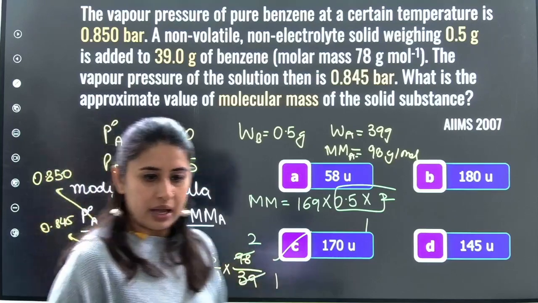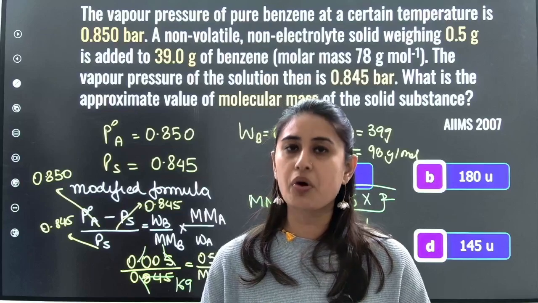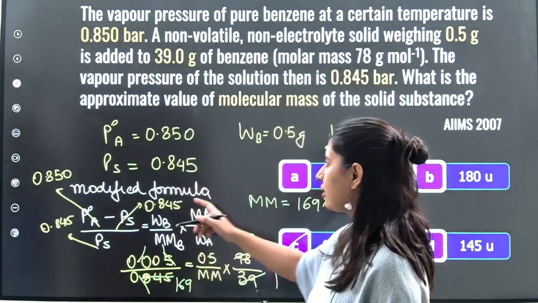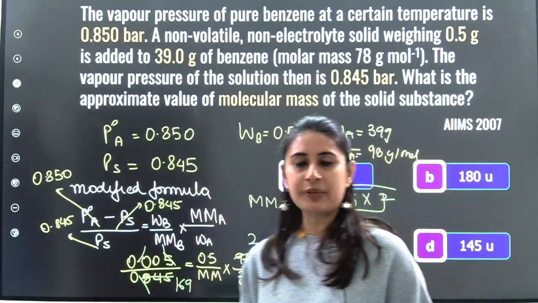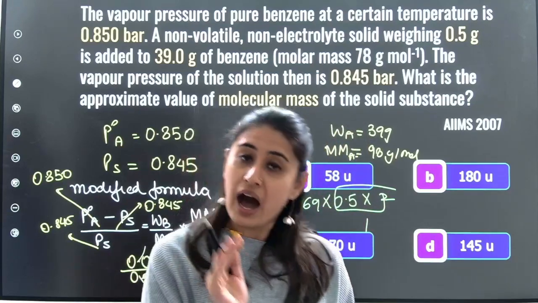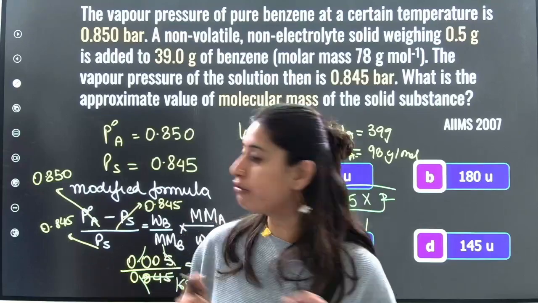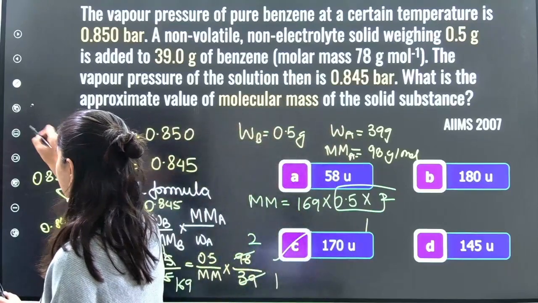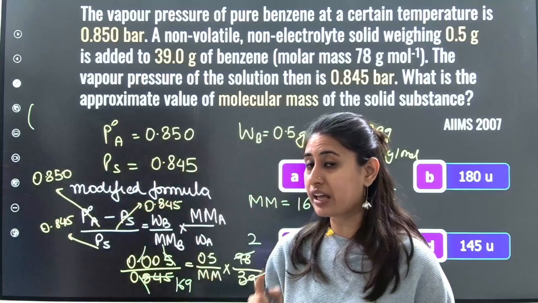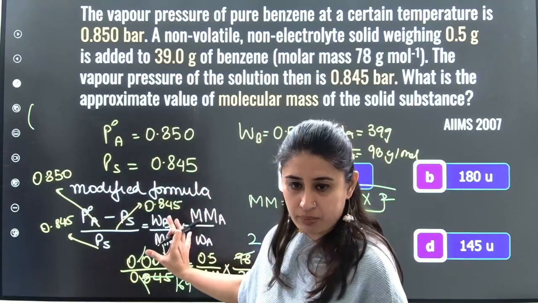Henceforth, it is important to make use of this particular modified formula. But there will be times when the examiner might write that the moles of the solvent are more than the moles of the solute. Listen to this very carefully because it can be a game changer. Most of the questions will be dealt with using this modified formula.